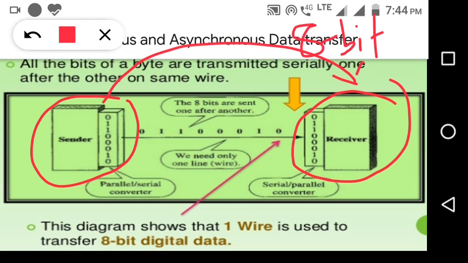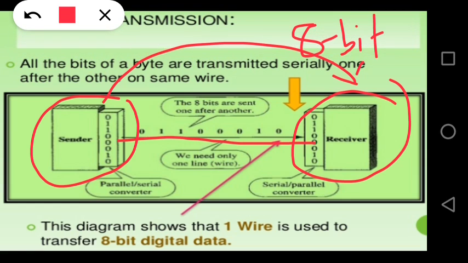Then it can be sent over a single line. How? The 8 bits are sent bit by bit, one after the other. So we need only one line.